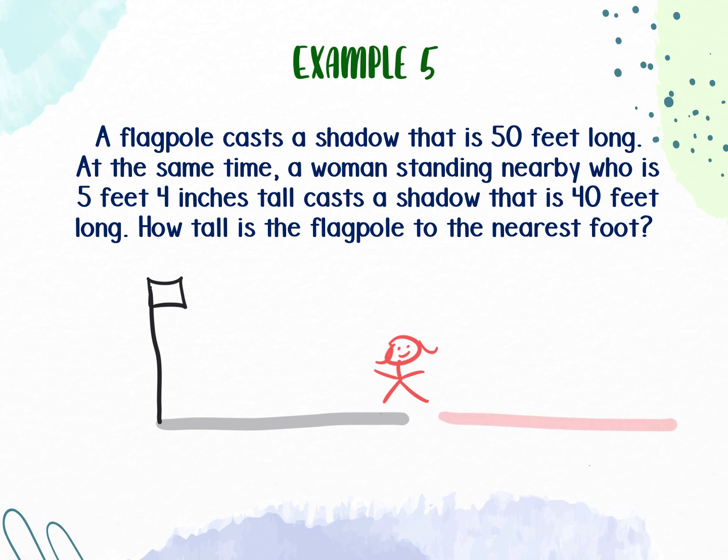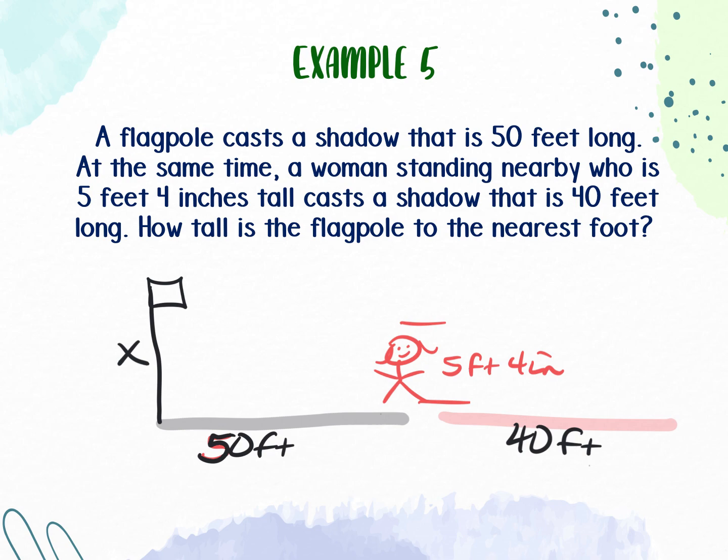So the flagpole shadow is 50, the woman's shadow is 40. They also gave me the height of the woman. She's 5 feet 4 inches tall. And they want me to find the height of the flagpole.